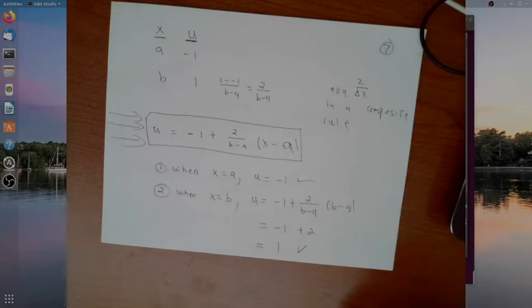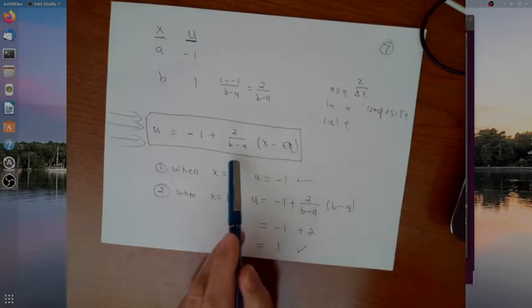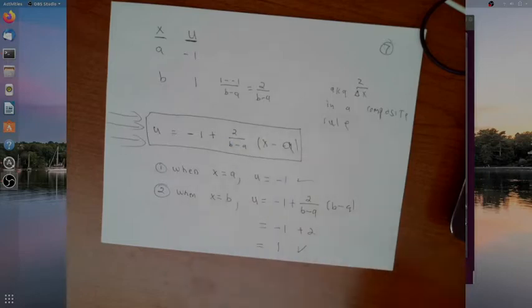When x is equal to b, in the second term, I have 2 over b minus a times b minus a. The b minus a quantities cancel out, leaving me with negative 1 plus 2. So when x is equal to b, the u variable is equal to 1, just like I want it to be. This is going to be my change of variables to put the interval from a b into negative 1 to positive 1.